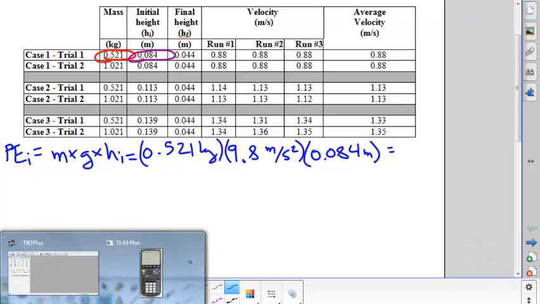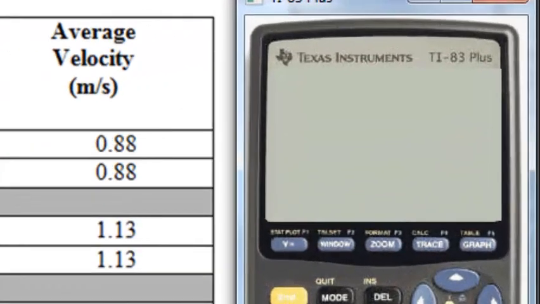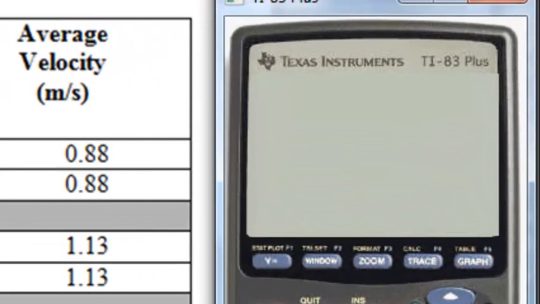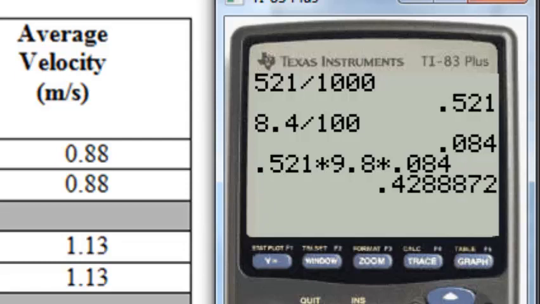Let's go back to our calculator and plug it in: 0.521 times 9.8 times 0.084, enter, and there I go, 0.428, or if I round that, 0.429, because I'm going to round this 8 up.